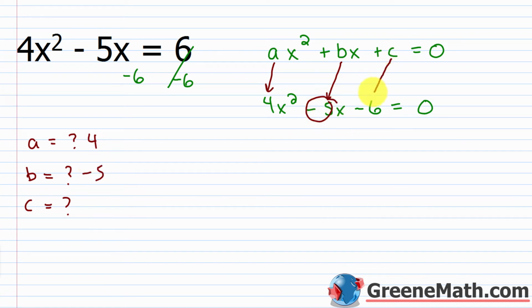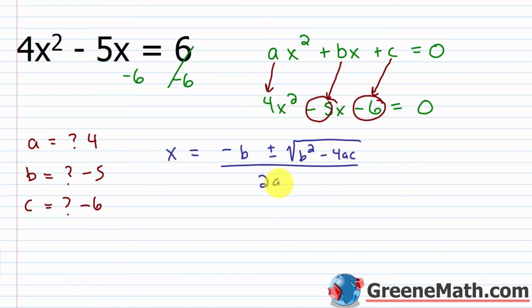And then C is negative 6. It's the constant. You need the negative, don't just put 6. So once we have this information, we plug it into the quadratic formula. So again, the quadratic formula is x is equal to negative b plus or minus the square root of b squared minus 4ac. This is all over 2a.